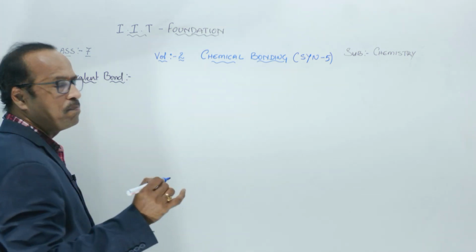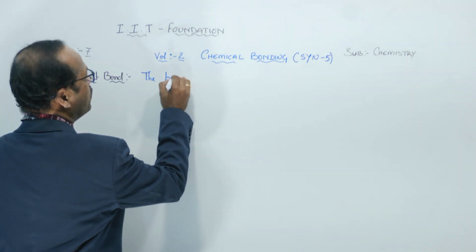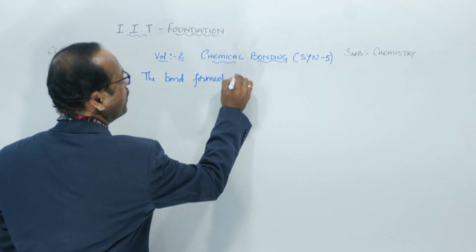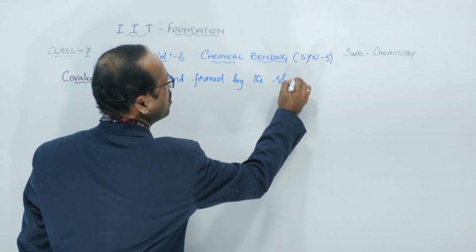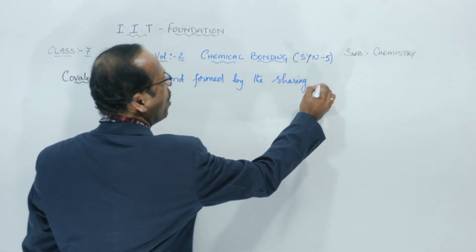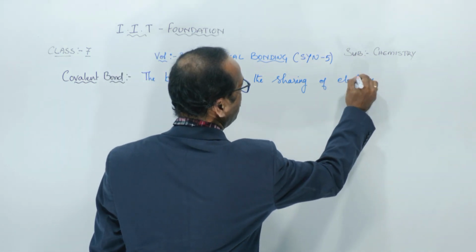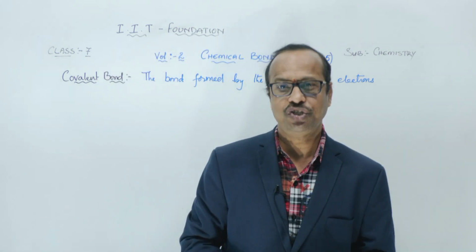So, the simple definition of the covalent bond is the bond formed by the sharing of electrons. Sharing of electrons means electrons get shared.